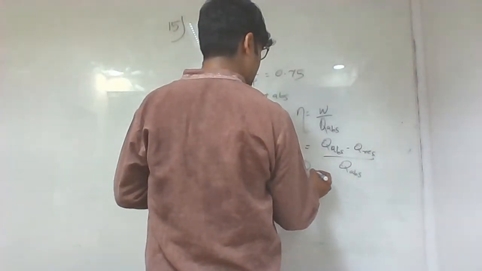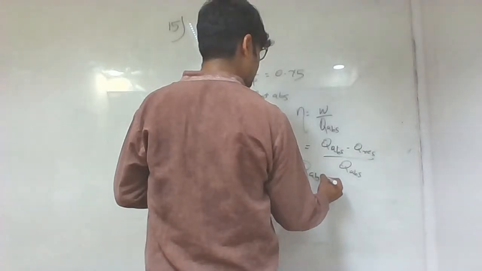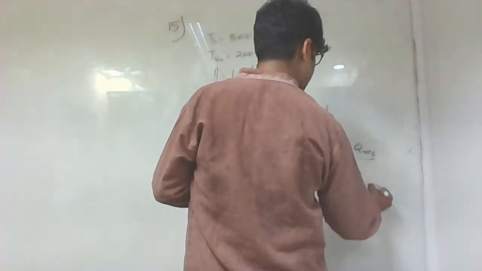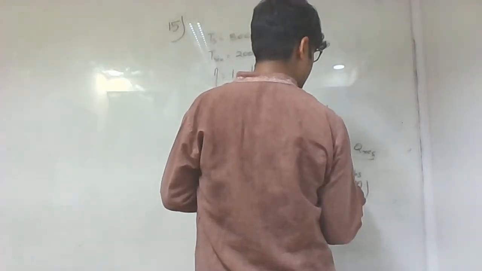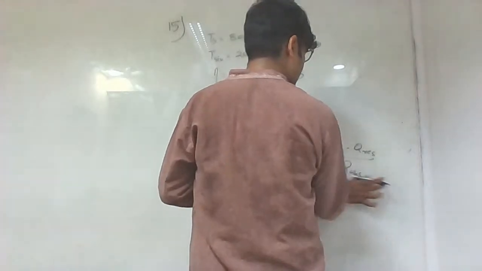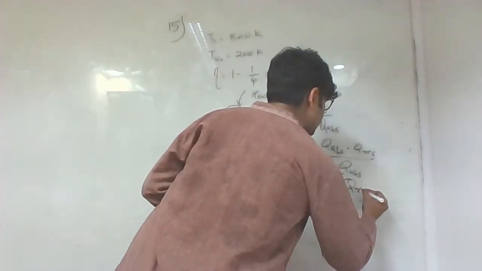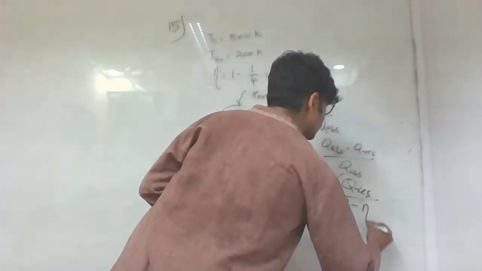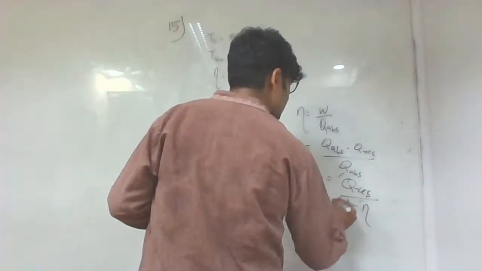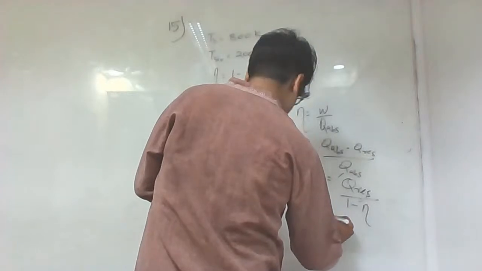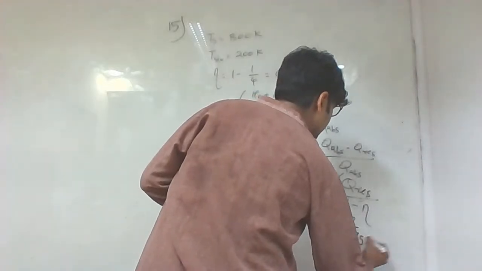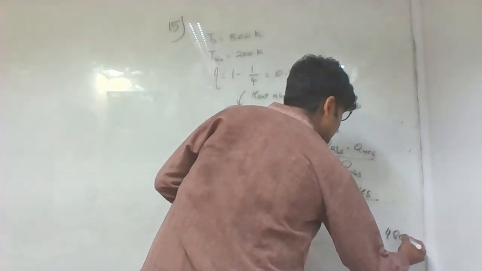So Q absorbed is Q released upon 1 minus eta. So Q released is 12,000 upon 1 minus 0.75, which is equal to 48,000.